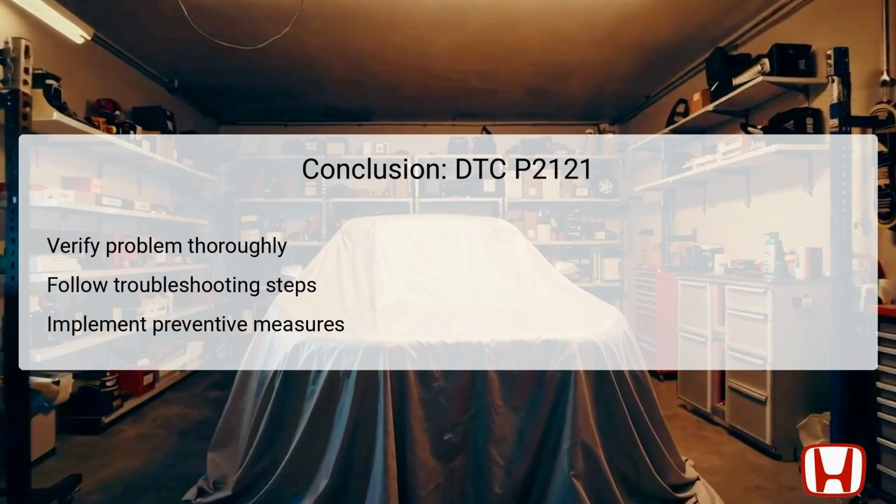It's critical to confirm the problem and execute each diagnostic step thoroughly to find the specific issue. Once addressed, undertaking preventive maintenance measures can help avoid reoccurrence, ensuring smooth vehicle operation. Prompt attention to this DTC is essential to maintain performance, safety, and driver confidence.